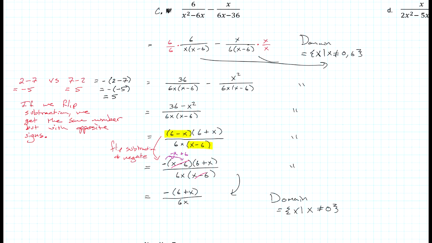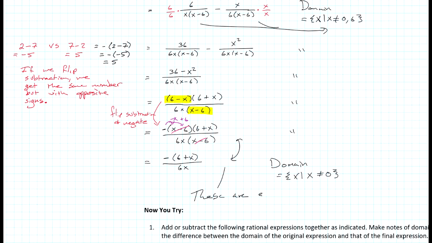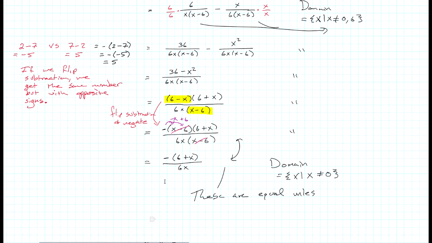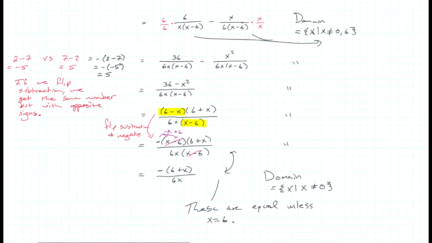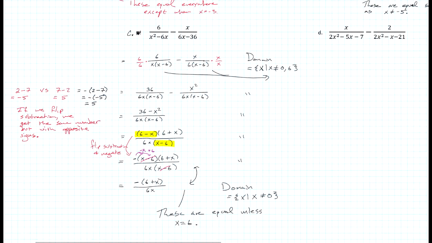So we can say that these are equal unless x equals 6, in which case they're different. If x is 6, it's undefined in the original and the following lines, and then at the last one, we could plug that in.